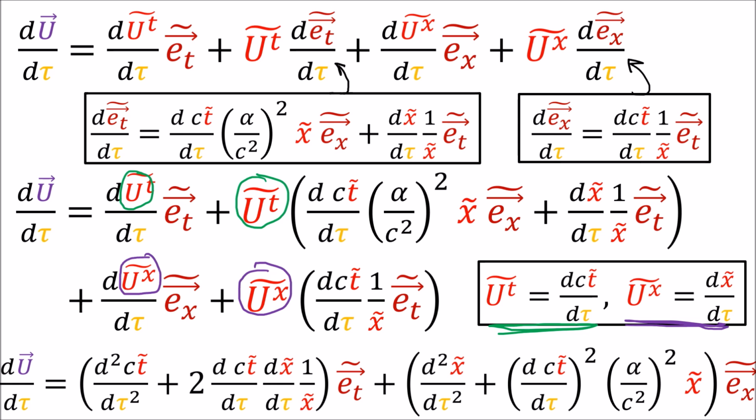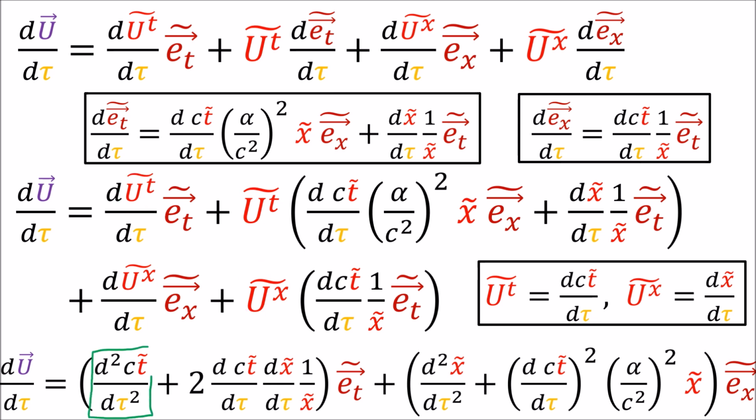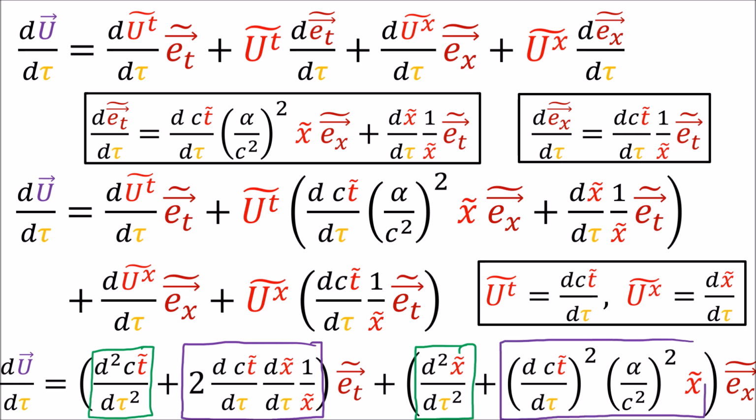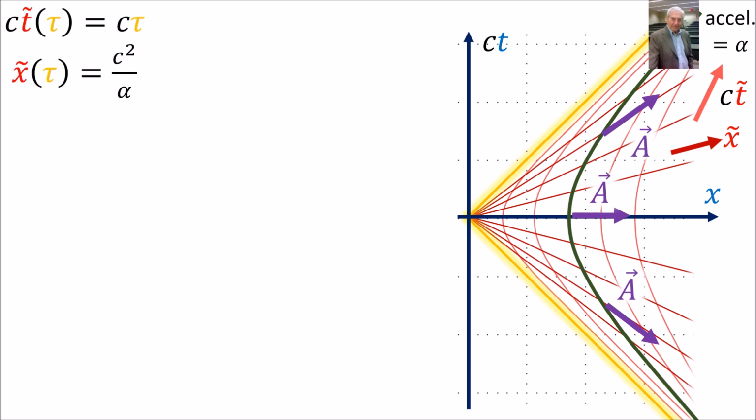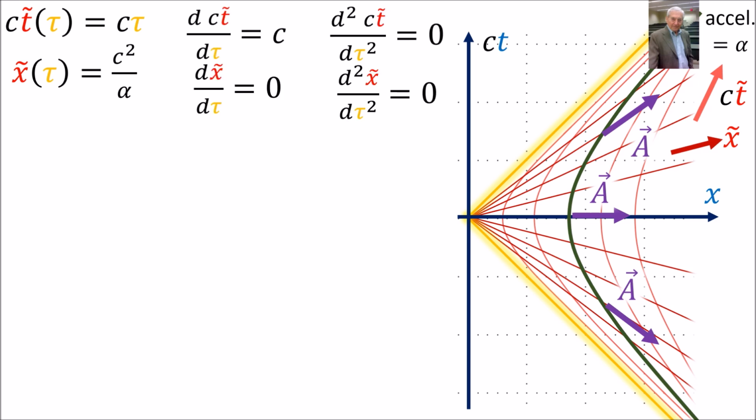As you can see, the formula is pretty complicated. We get the ordinary second derivatives of the components that we expect, but we also get extra terms because of the derivatives of the basis vectors. Again, we can do a sanity check and test this formula on our standard hyperbolic world line, where ct tilde equals c tau and x tilde equals the constant c squared over alpha.